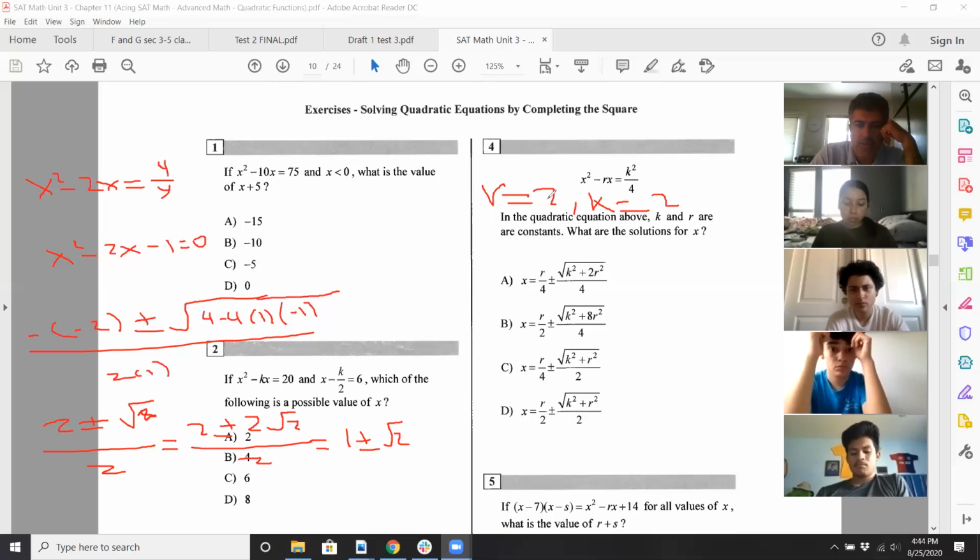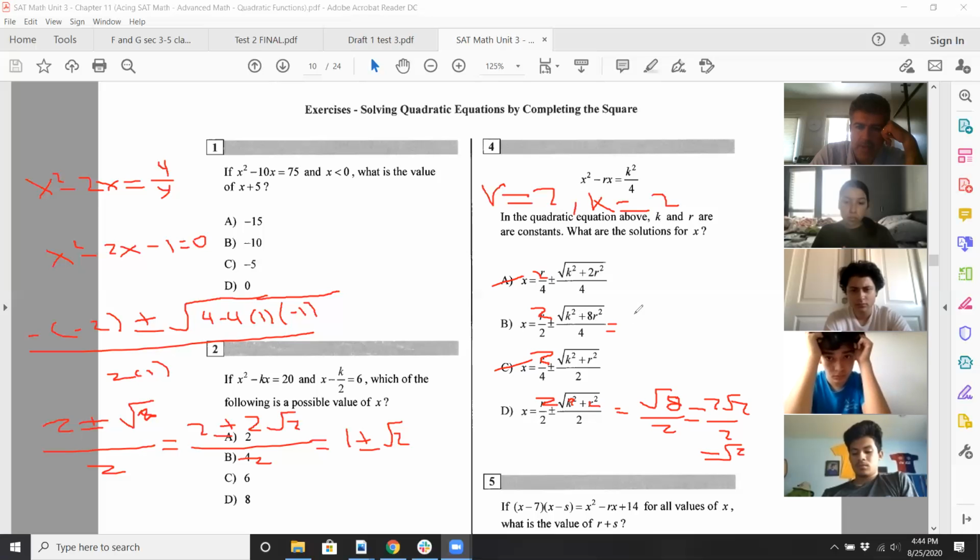So now I'm going to plug 2 in for R. I like B or D because I do get 1 over here. And if I plug in 2 over here, I get root 8 over 2, which is 2 root 2 over 2, which of course is root 2.